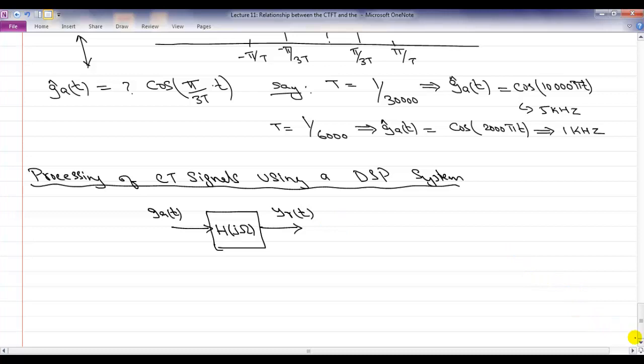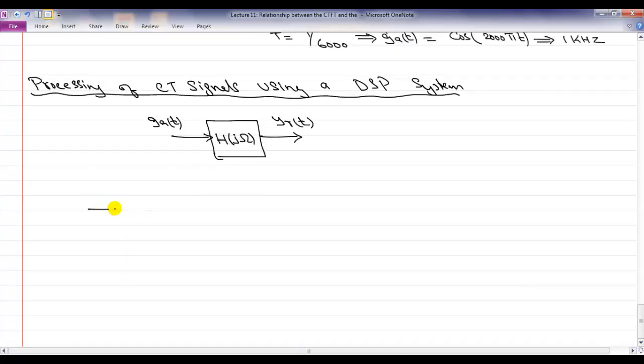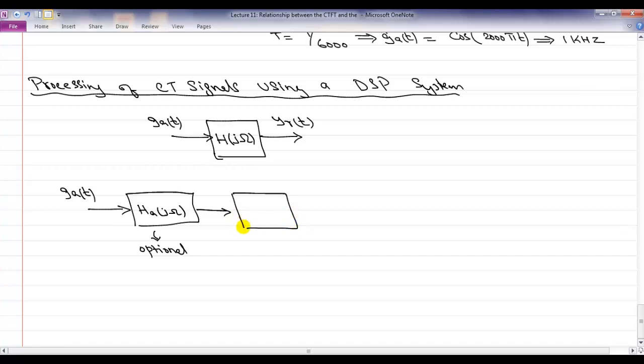So the way you do this operation in reality is you have GA of t, then you have an anti-aliasing filter depending upon the choice of your time period. So this is optional. And after that, you get this continuous to discrete block, to convert it into a sequence, you get Gn.